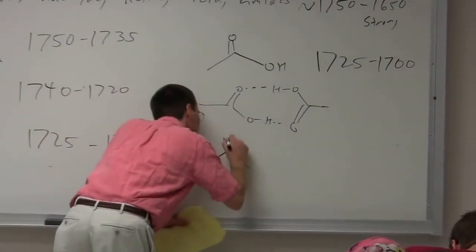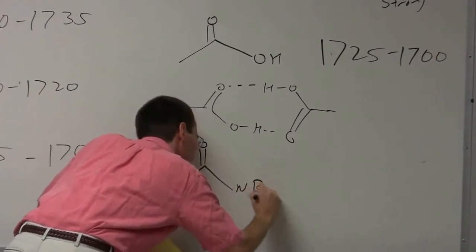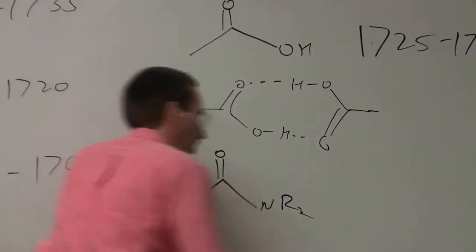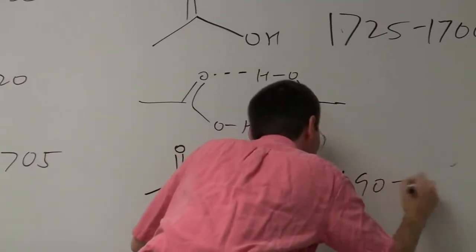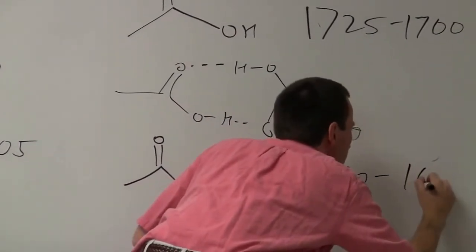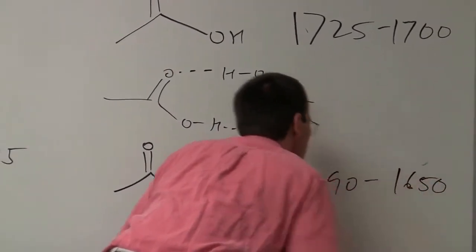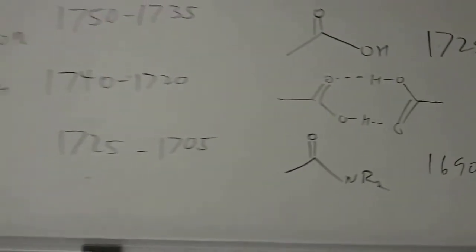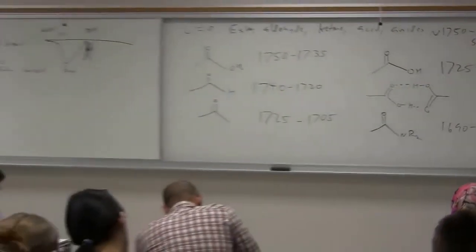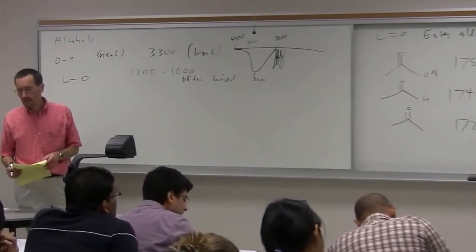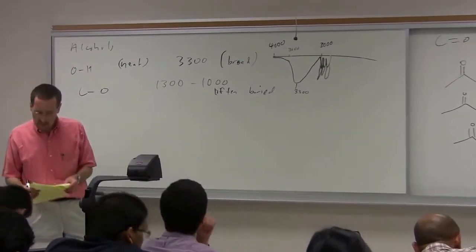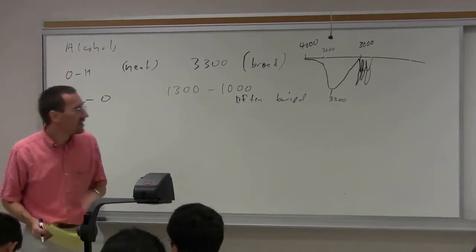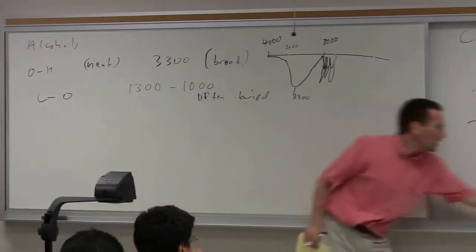Amides, typically we're talking a little bit lower frequency, and I'll talk about why in just a second, but let's say about 1690 to about 1750. And we're talking primary amides that have 2 NHs, secondary amides that have 1 NH, and tertiary amides that have no NHs.